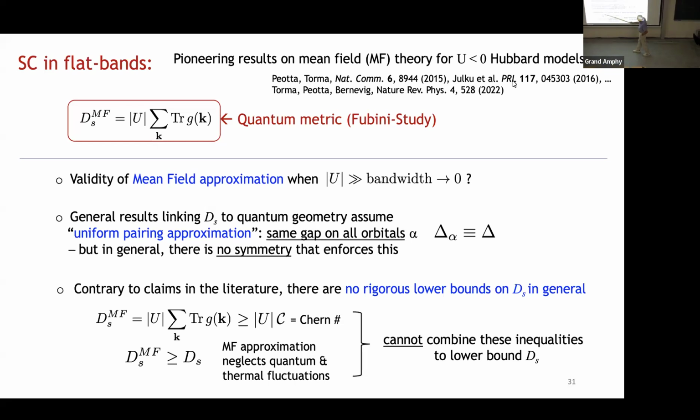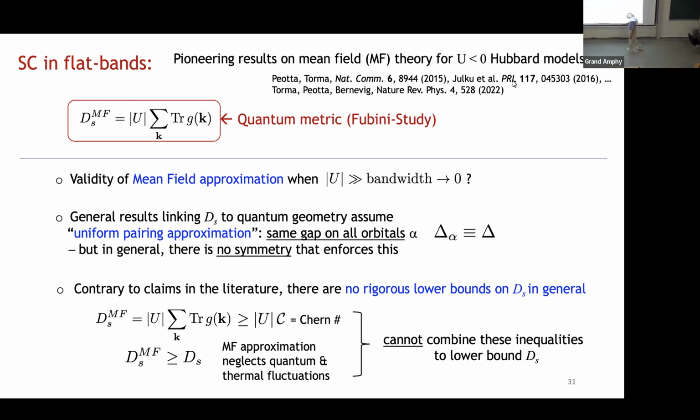Okay. So yes, this is the mean field result. And I told you that this object, the trace of the quantum metric, I should put an absolute value here too, is bounded by the Chern number. So therefore they said, look, the mean field stiffness is bounded below by the Chern number. But you see, mean field theory neglects quantum and thermal fluctuations.